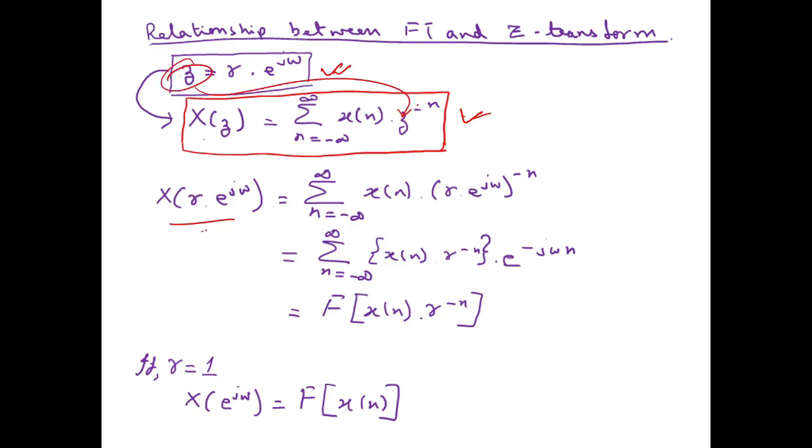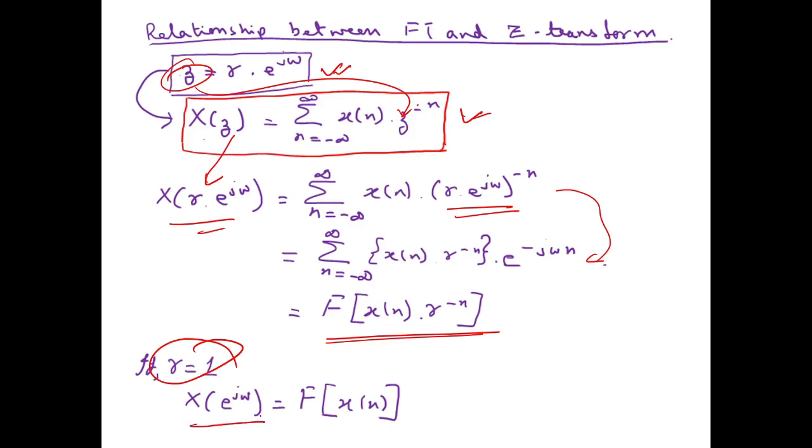So we get this equation, because z is r times e to the power j omega. If you perform this rearrangement, you get the Fourier transform of x of n multiplied by r to the power minus n. When r is equal to 1, X of e to the power j omega is equal to the Fourier transform of x of n.